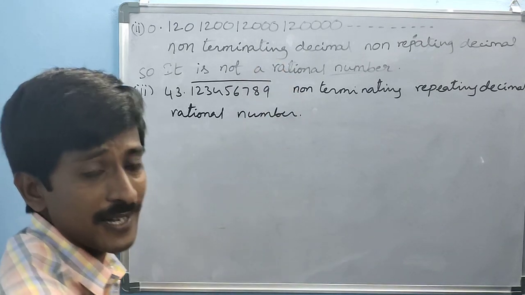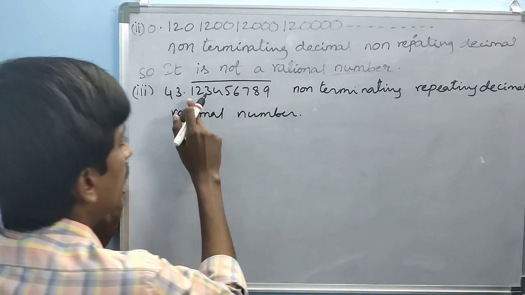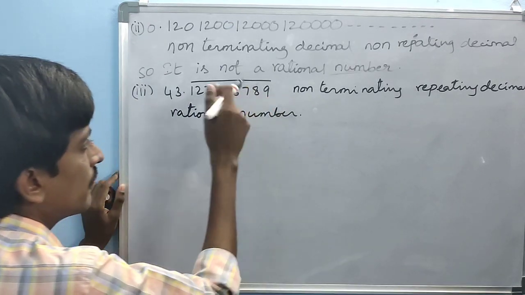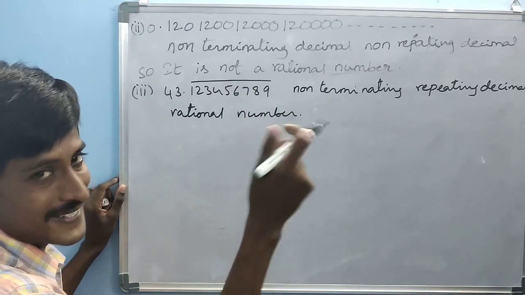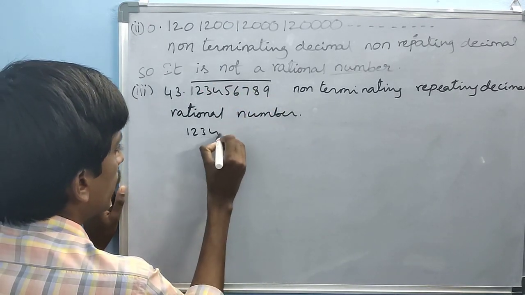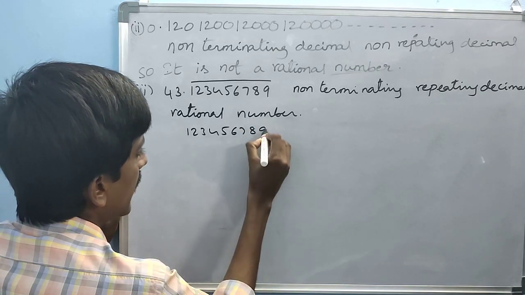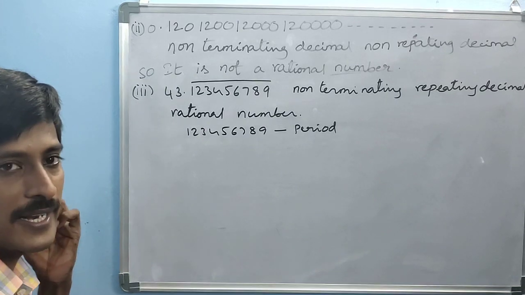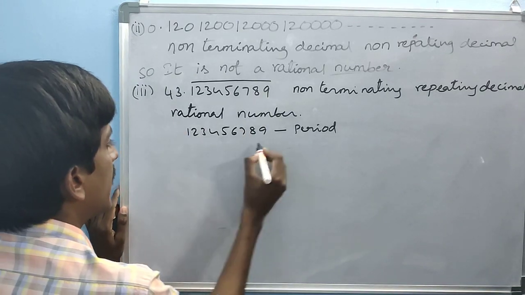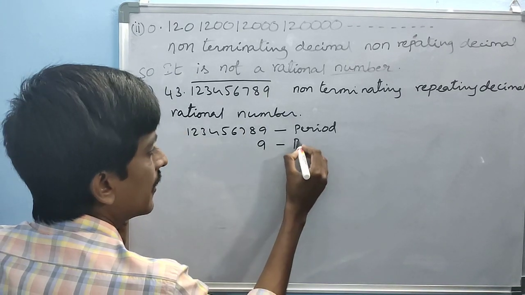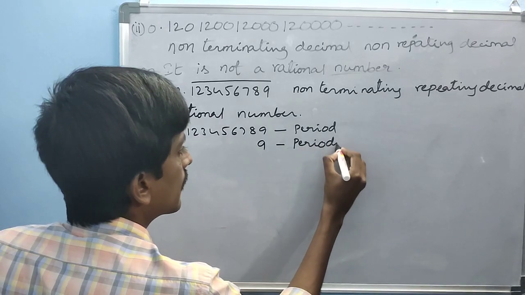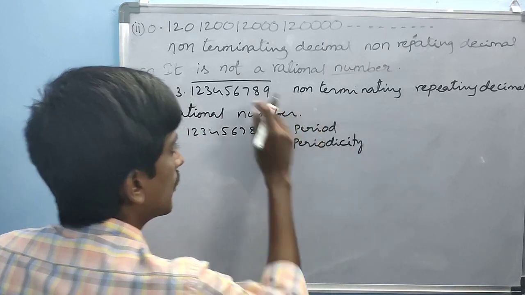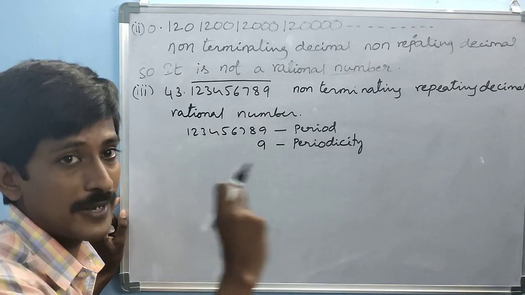How to convert it into a rational number? Here the number under the bar, 123456789, is the period. How many numbers? 9 numbers. 9 is called the periodicity, the number of digits under the bar.